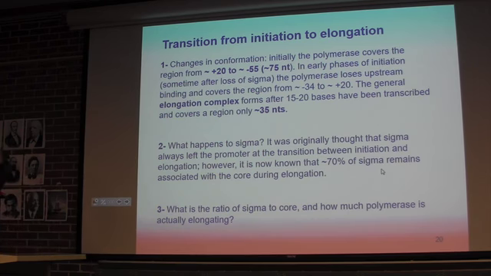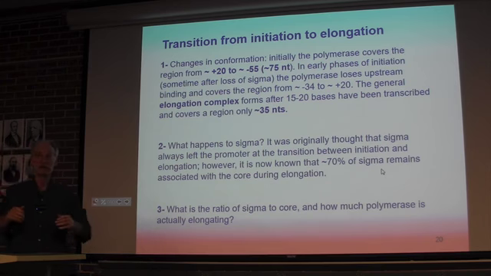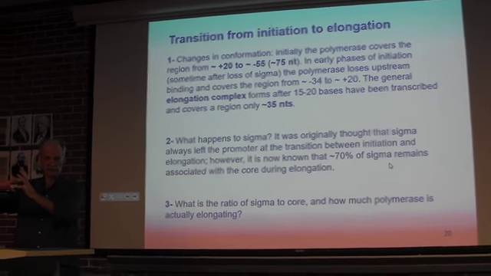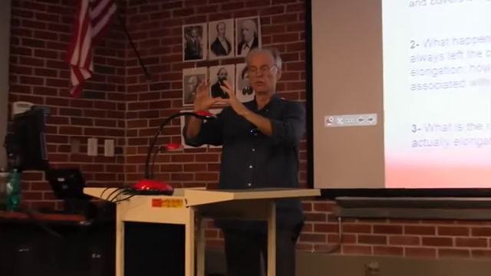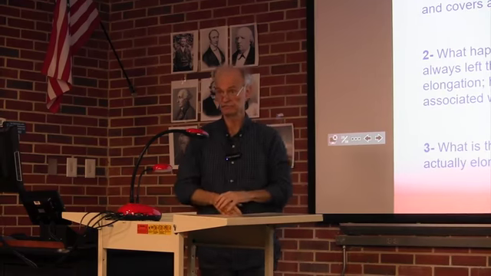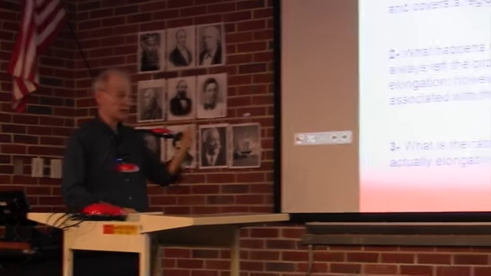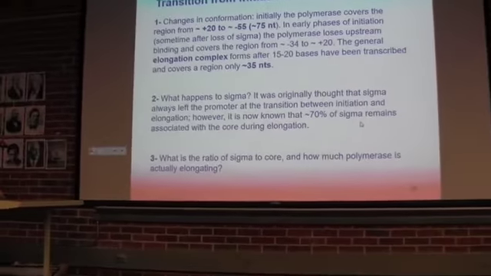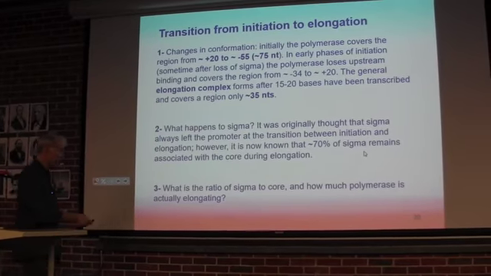Okay, remember that pie chart? I put that pie chart for a reason. What's the ratio? Well, you got 25%, 25%, 50%. Only 25% here is sigma bound to the enzyme, searching for a promoter and melting a promoter, then it leaves. So 1 to 1, 2, 3: a 1 to 3 ratio of sigma to core. How much polymerase is actually elongating?